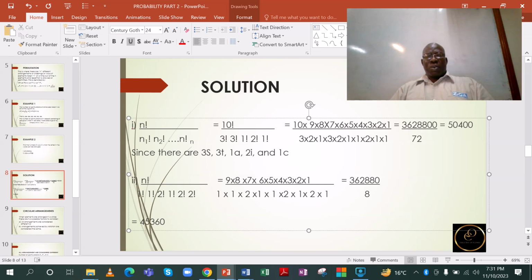So when you evaluate this, it will end up giving you 362,880 on top. And then when you multiply the bottom one, it will give you 8.